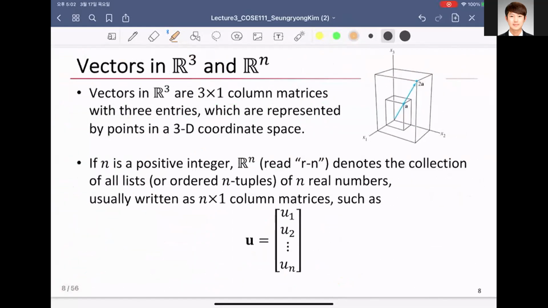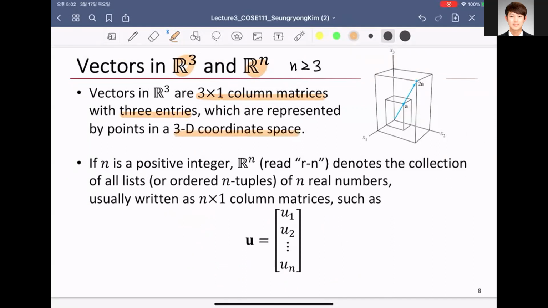Okay. So what about high-dimensional vector space? What about vectors in R3 or even in Rn, where n is larger than 3? First of all, vectors in R3 are 3 by 1 column matrices with 3 entries, x1, x2, x3, which are represented by a point in a 3D coordinate system.